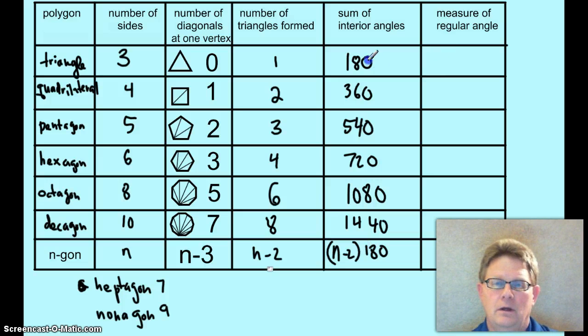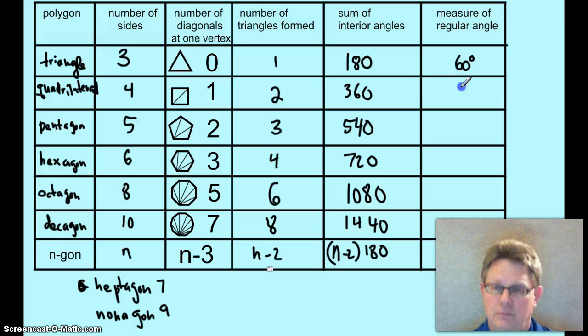Okay? If this were a regular triangle, what would be the measure of each angle? How many angles? 3. 180 divided by 3, 60 degrees. The sum of the interior angles of a quadrilateral is 360 divided by 4 angles.